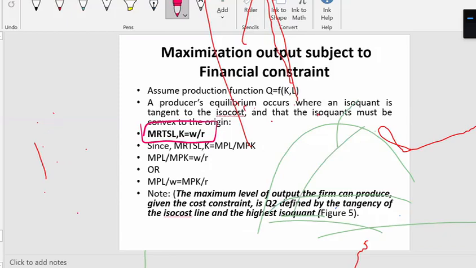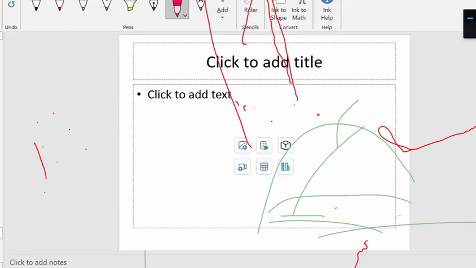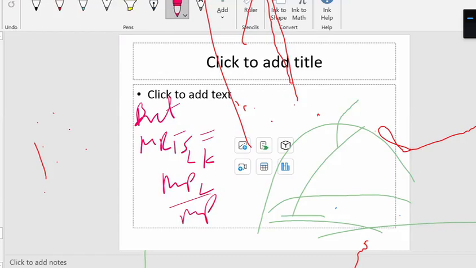Lakini pia marginal rate of technical substitution ya labor capital. Manake when you say marginal rate technical substitution labor capital, we are substituting labor to capital. Hii kwa maana nyingine, kwa tafasiri, you have to take marginal product over L divided by marginal product of what?